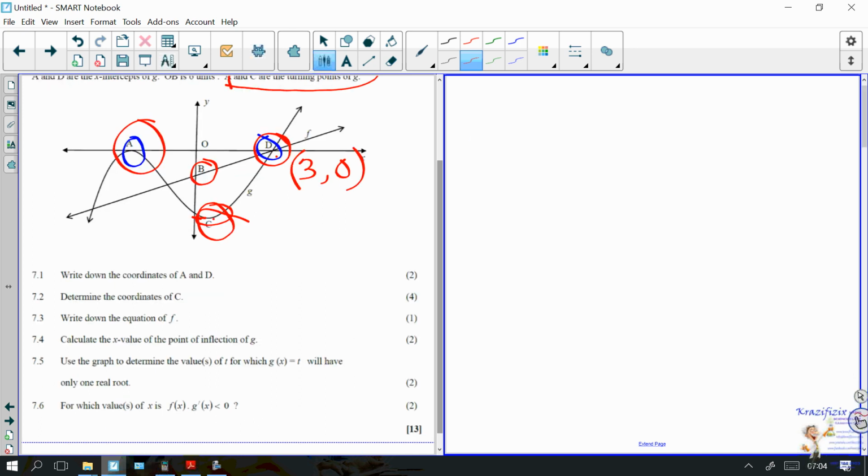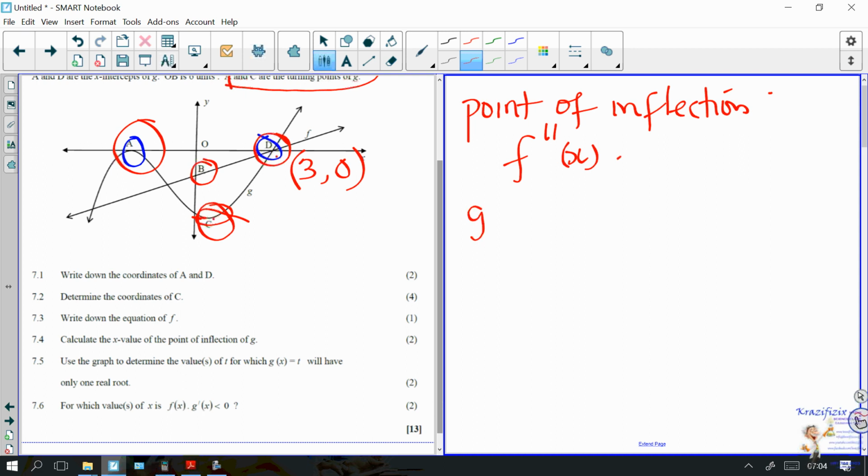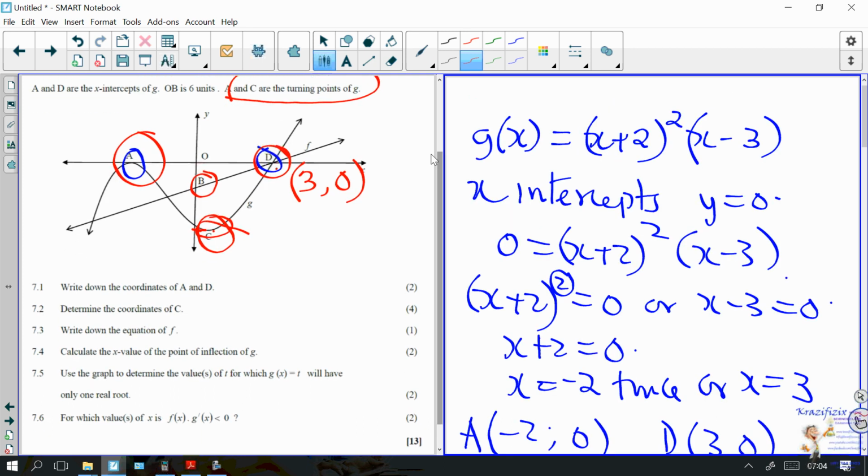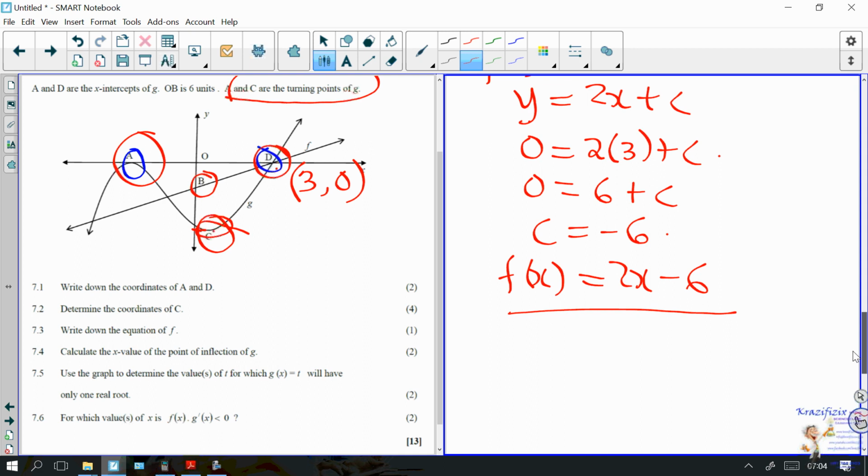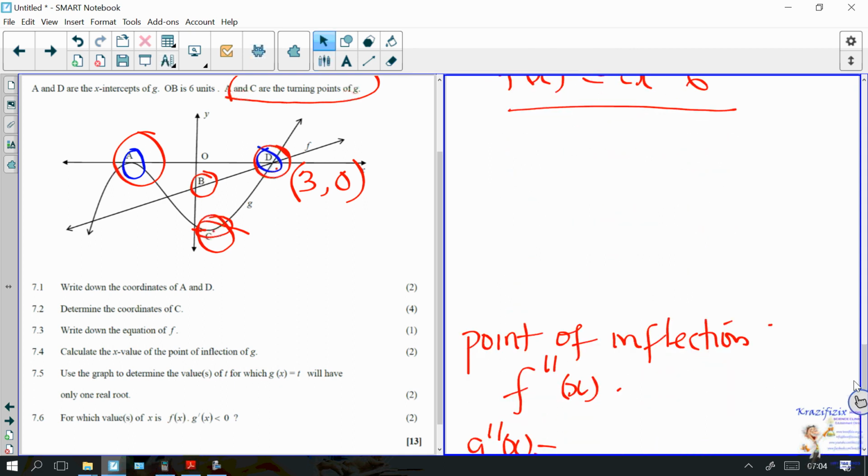Calculate the x value of the point of inflection of g. Now, when they talk about point of inflection, you actually derive twice. Since I'm dealing with g, I'm going to just do that. Remember what our first derivative was? We just derive quickly.